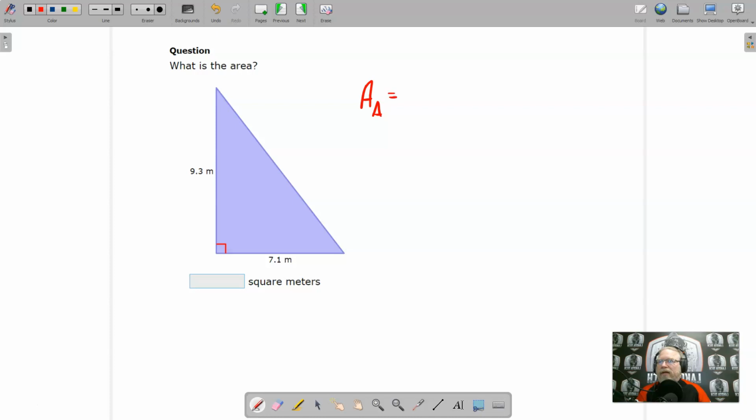Area of a triangle equals 1/2 times base times height. So the area of this triangle here is going to equal 1/2 times the base, 7.1, times the height, in this case 9.3. And I do think I'm going to use a calculator for the area of this triangle.